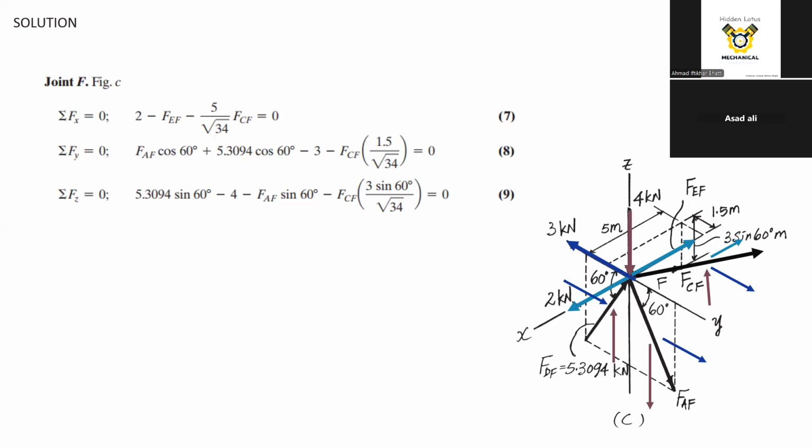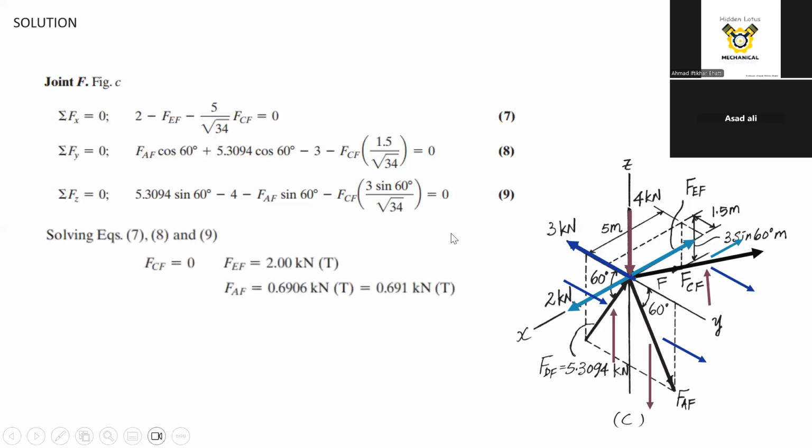As these equations are in equilibrium, they are equal to 0. So if we look at equation 8, here the force in member CF is basically equal to 0. So we can put the value of FCF in equation 7 or 9 to find the forces in the members EF and AF.